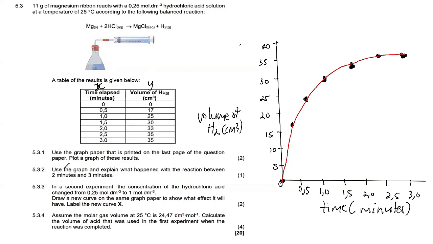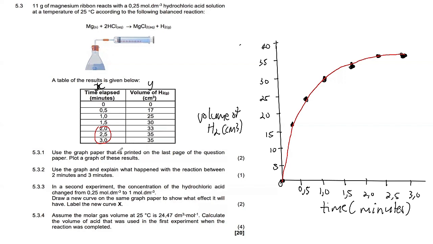Then 5.3.2 says, use the graph and explain what happened with the reaction between 2 minutes and 3 minutes.